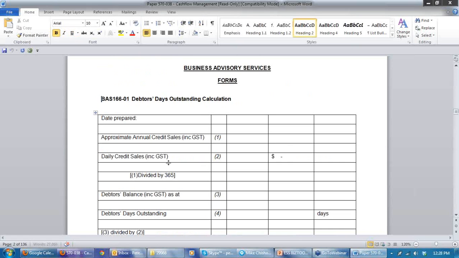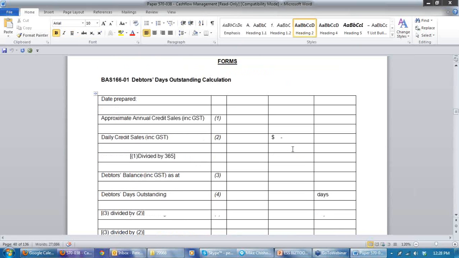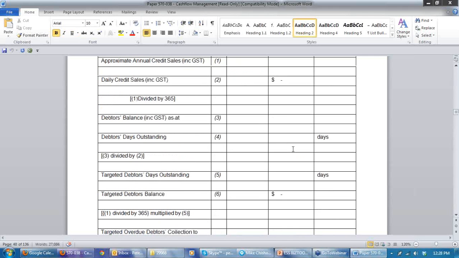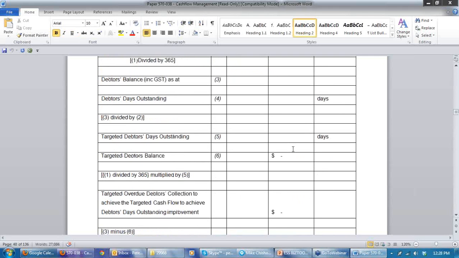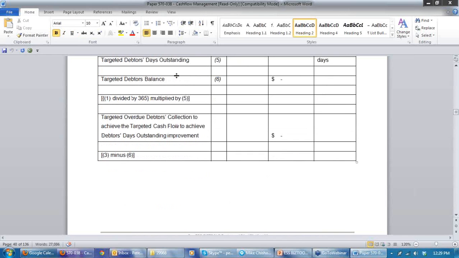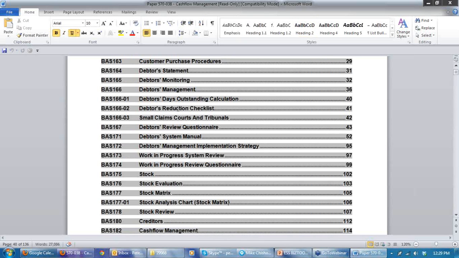We've included a debtor's days outstanding calculation to assist the client to calculate their debtor's days outstanding, and if they didn't have a suitable form, you could leave this form with them so that they could utilise it.